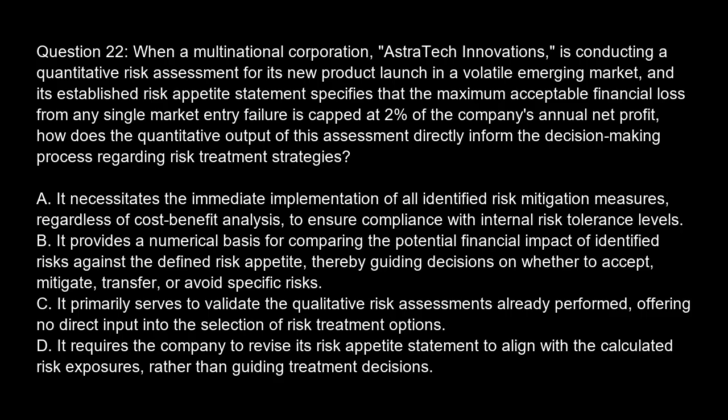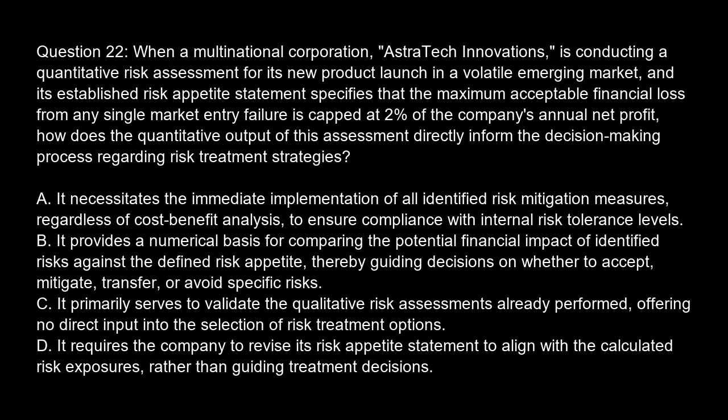Option A. It necessitates the immediate implementation of all identified risk mitigation measures, regardless of cost-benefit analysis, to ensure compliance with internal risk tolerance levels. Option B. It provides a numerical basis for comparing the potential financial impact of identified risks against the defined risk appetite, thereby guiding decisions on whether to accept, mitigate, transfer, or avoid specific risks.